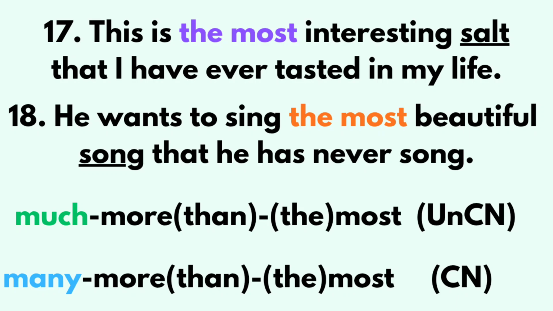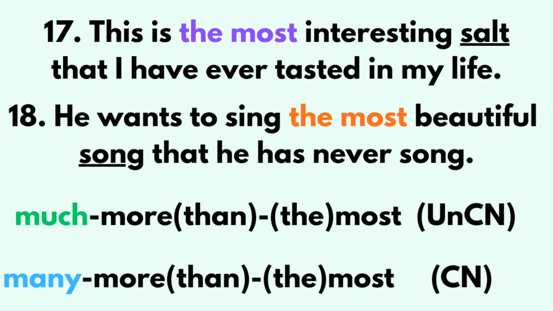That's why I have kept it in brackets. When you compare more than two things or two people, then we have to use the most. We have to use the article the before most. That's how it makes sense. I hope this is clear. So these are all quantifiers which we use with both countable and uncountable nouns. There is no doubt in that.